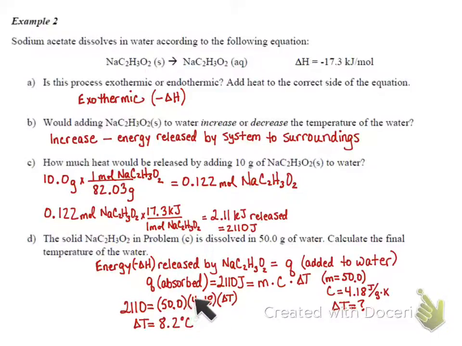It says to calculate the final temperature, and we know the change in temperature. We have to know the initial temperature of the water. If the initial temperature was 20 degrees, which is room temperature, we would add 8.2 degrees to that and get 28 degrees. So it would increase by 8.2 degrees.